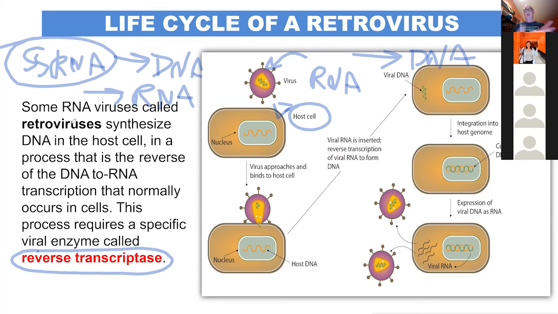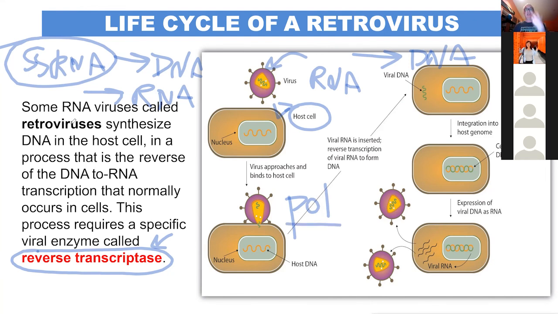We take DNA and turn it into RNA, then the RNA leaves and gets degraded. We don't really have a reason to take RNA and turn it back into DNA, but retroviruses do. They need that in order to replicate themselves. And so they actually carry the gene for that with them. That is part of their genetic material in what's called the Pol gene, Pol for polymerase.